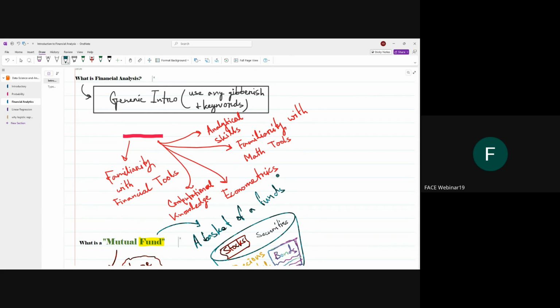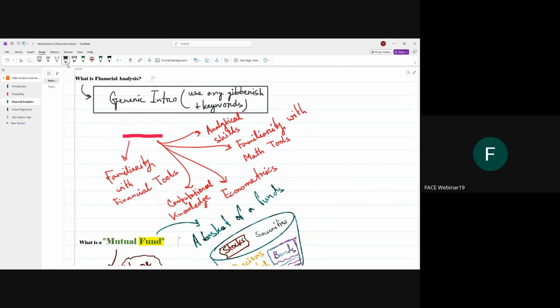And then econometrics. What is econometrics? So econometrics is more of metrics plus economics.